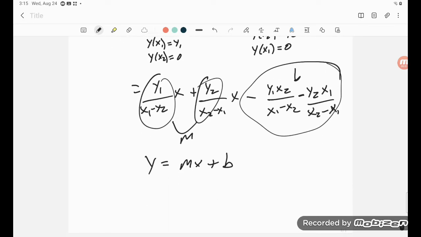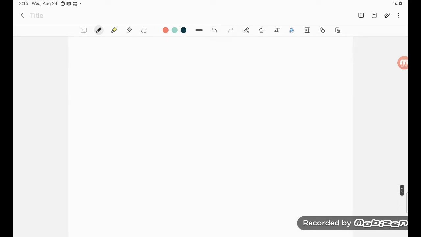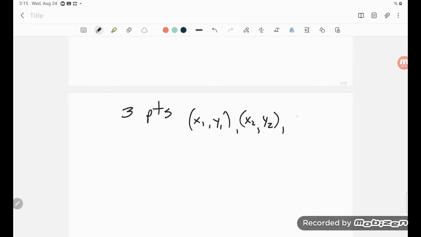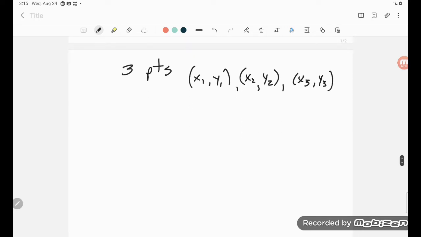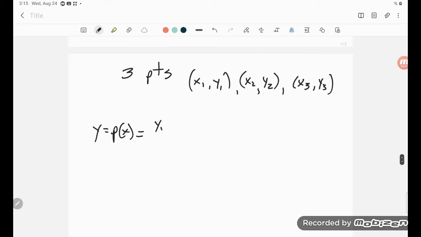Now, if we go to 3 points, we'll have an x1, y1, an x2, y2, and an x3, y3. Now it's the same idea. I could call this my polynomial p of x. I'm going to start with a y1 times some sort of fraction plus a y2 times some sort of fraction, plus a y3 times some sort of fraction.